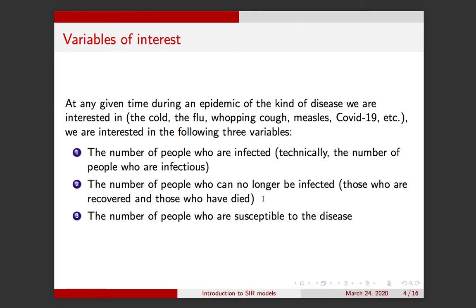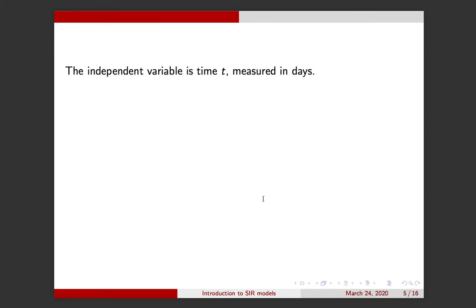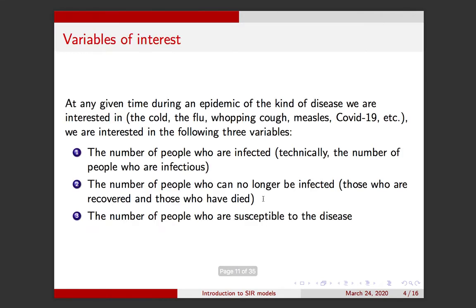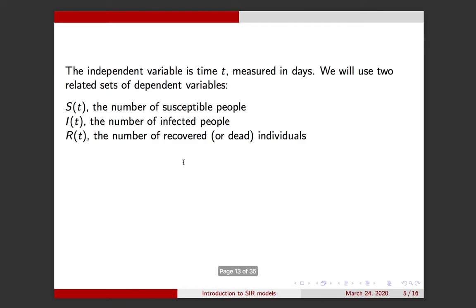Finally, the number of people who could still get the disease, the number of susceptibles. Those are the variables that we care about. Underlying all of this is an independent variable, time, which for us will be measured in days. These populations depend on time. On a given day, you'll have a certain number of each of the 3 populations.